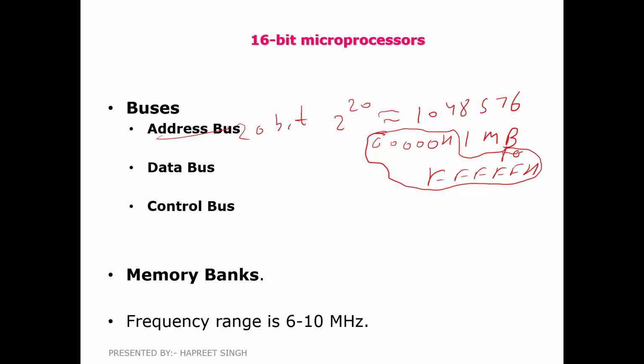The next feature is memory banks. As we know, the capacity of the 8086 microprocessor is increased to 16 bits from 8 bits. That 8-bit was in the 8085 microprocessor. The entire memory of 1 MB, as discussed in the address bus, is divided into 2 banks of 512 KB each.